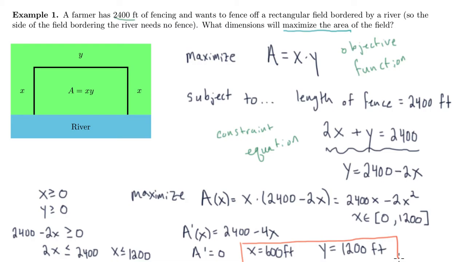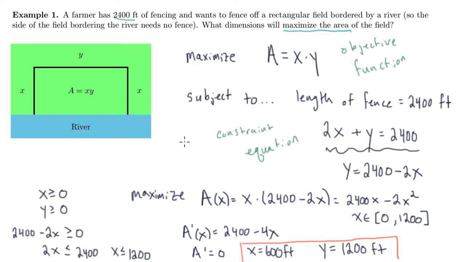So the process is really important. We set up the abstract optimization problem. We convert it to, in this case, a closed interval optimization problem. We know the absolute maximum is going to occur either at a critical point or the endpoints. Just based on the situation, we know that x equals 0 or x equals 1200 is not going to be the maximum, because those are limiting cases that really are not practical.